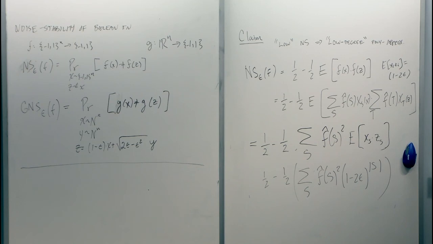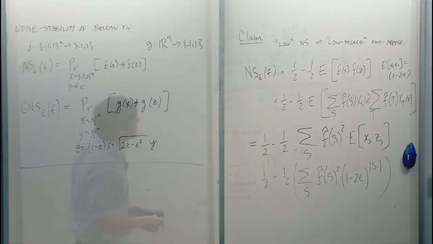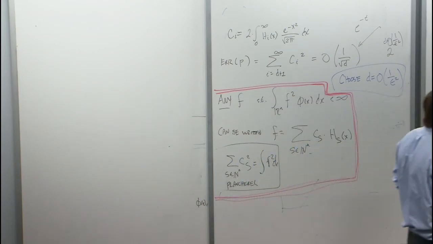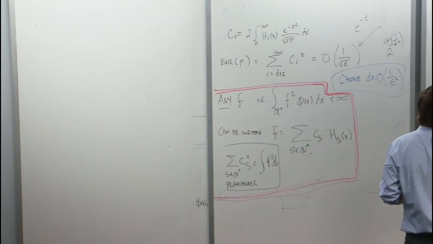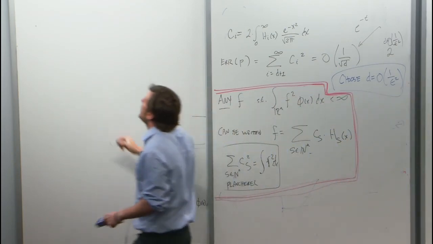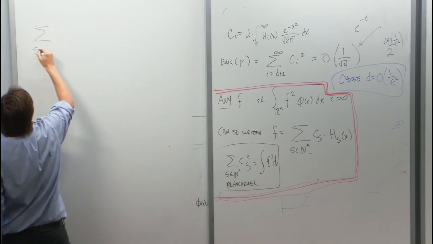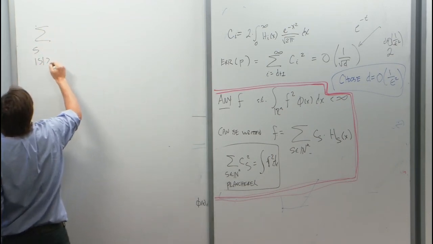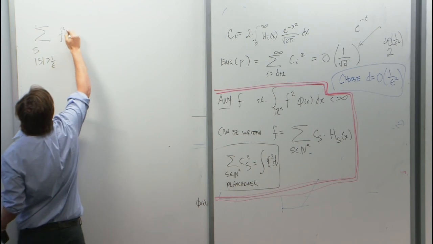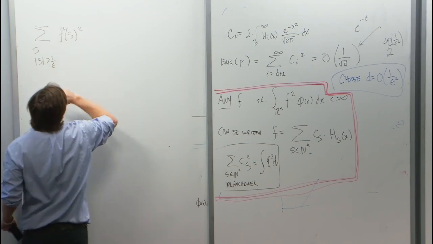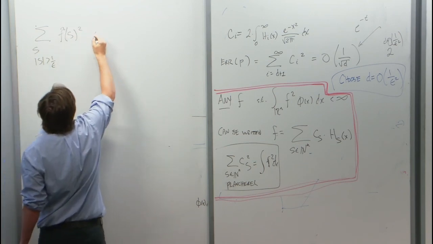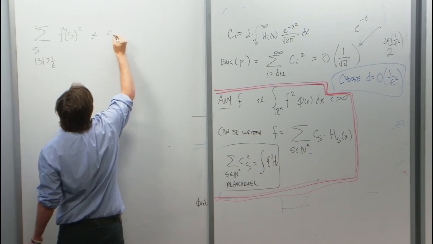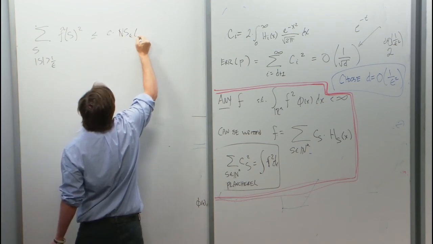And the bottom line is that the sum over S of the Fourier coefficients squared, for degree greater than 1 over epsilon, is at most some constant times the noise stability of f.